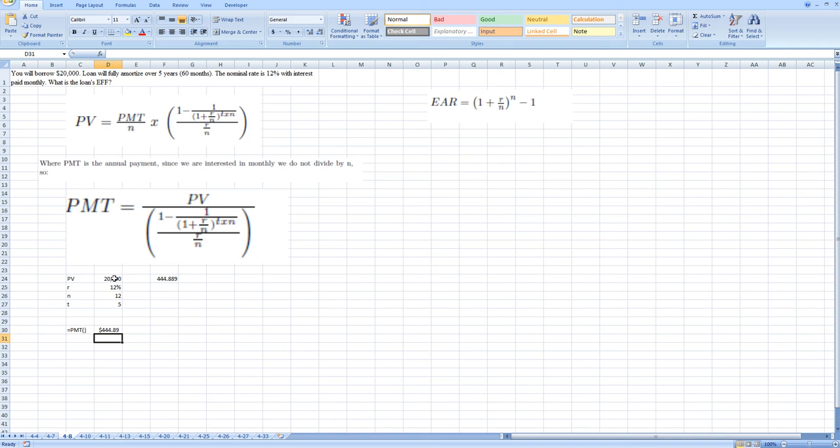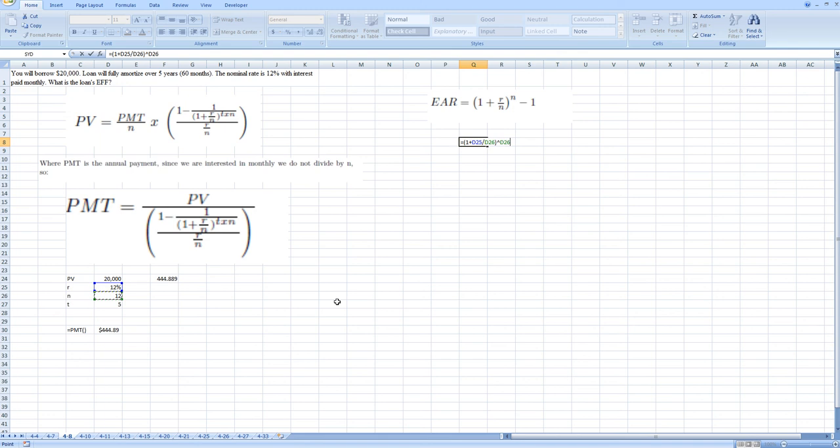Next, we need to find what is the actual effective rate. So we'll be quoted a nominal rate of 12%, but because it's compounding monthly, we want to know what is the actual rate. So you guys know this formula here for the effective annual rate. And so all we need to do to set this up is equal sign 1 plus r divided by n to the power of n.